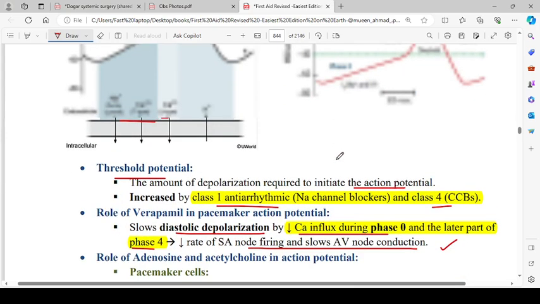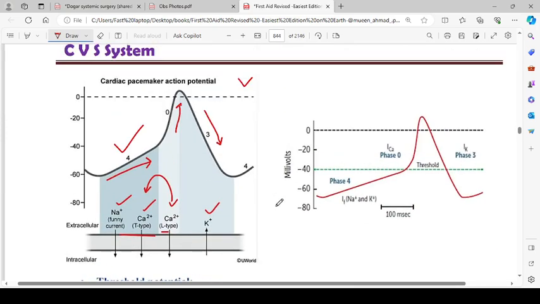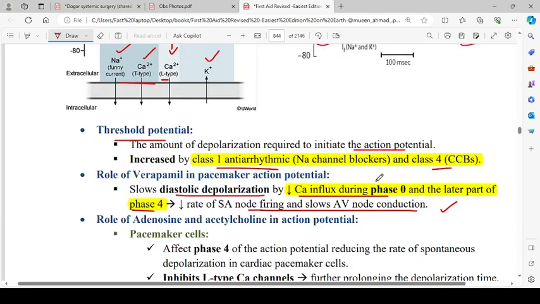If we are giving calcium channel blockers, they will slow the calcium influx over here and also over here, so heart rate will be decreased. SA nodal firing will be decreased, and AV nodal conduction will be decreased.